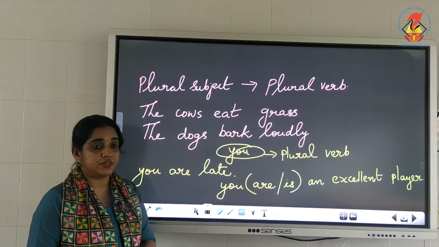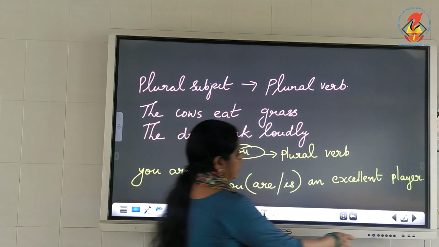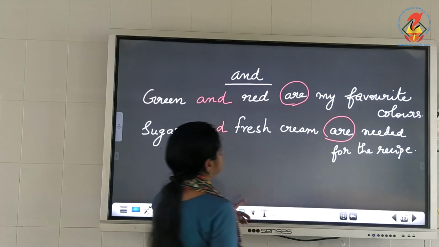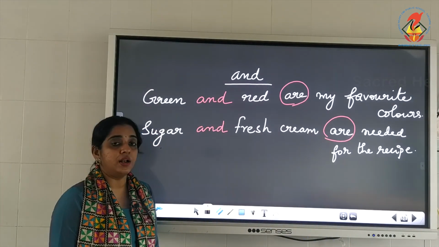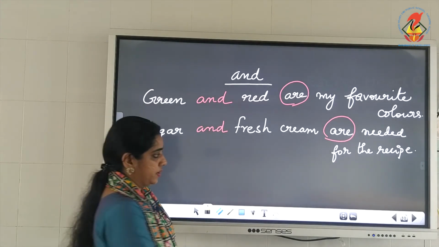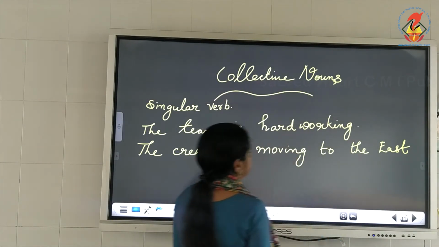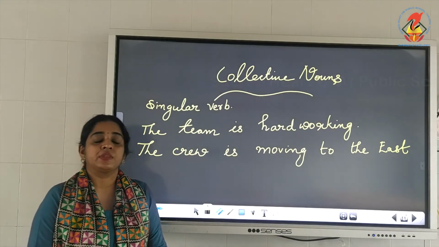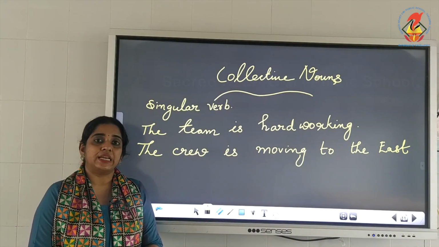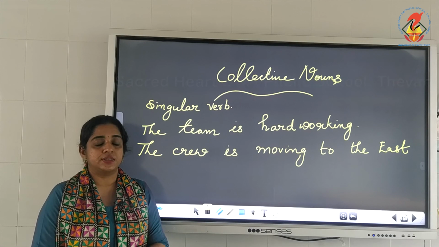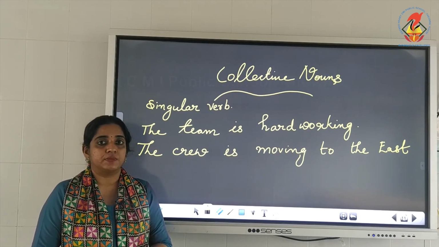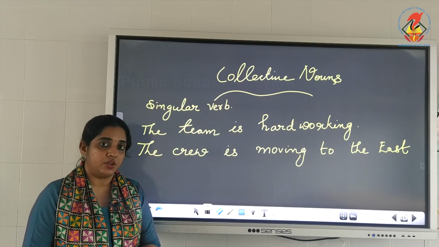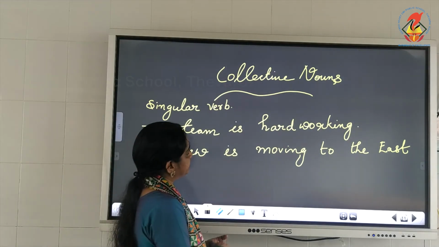If two subjects are joined with and, you have to use a plural form of the verb. Then the next one, collective nouns. Collective nouns will always take a singular form of the verb. Since it is speaking as a collection, it performs the duty of a singular subject. So, you have to use a singular form of the verb.